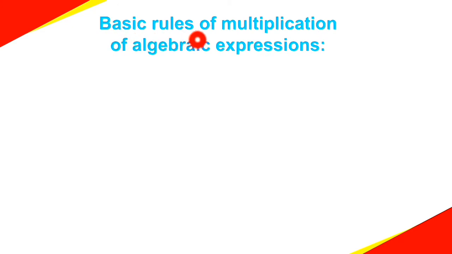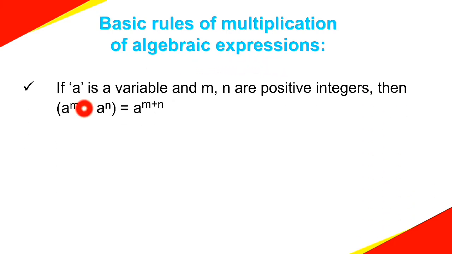Basic rules of multiplication of algebraic expressions. If a is a variable and m, n are positive integers, then a power m into a power n is equal to a power m plus n.